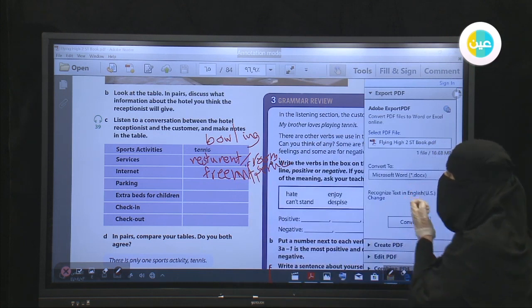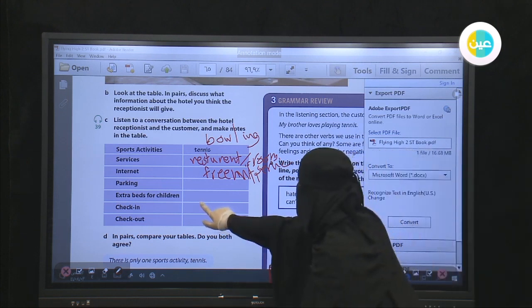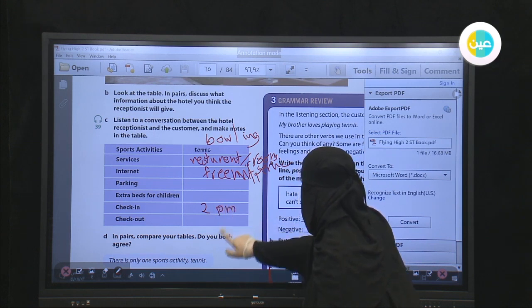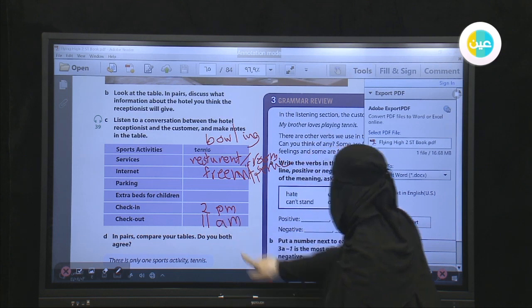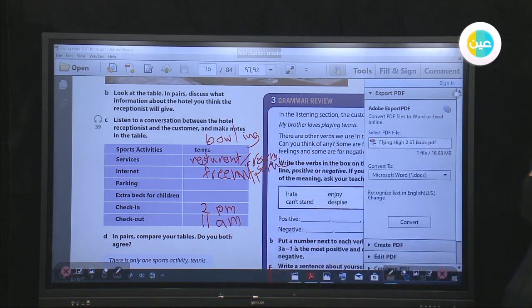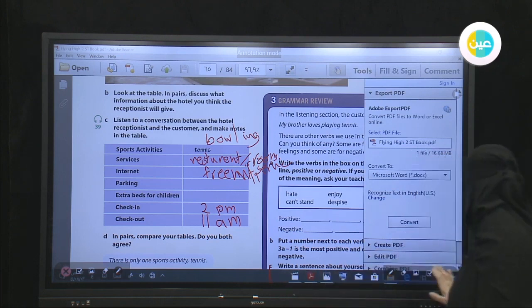Parking available, reservation not needed. Extra beds for children, available with a small charge. Check-in will be at 2 p.m. and check-out will be at 11 a.m. Okay? These are the answers of the table.